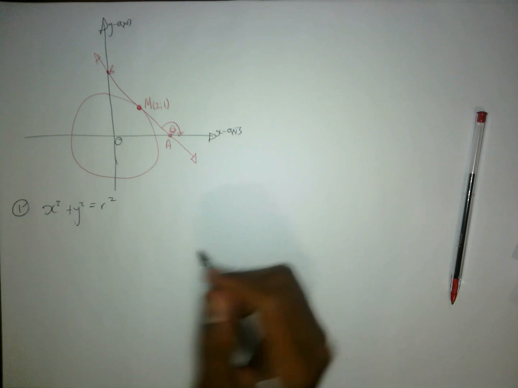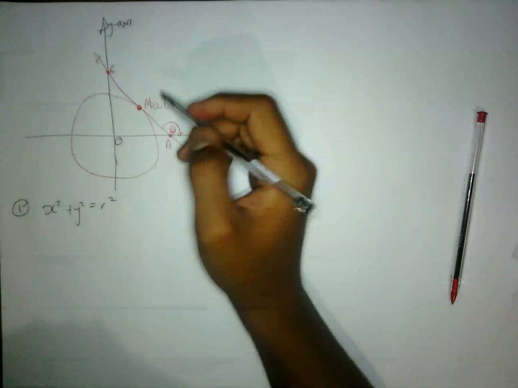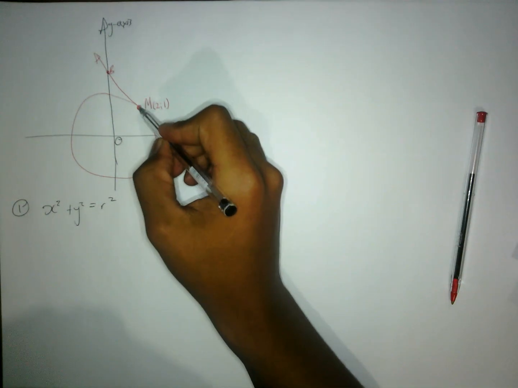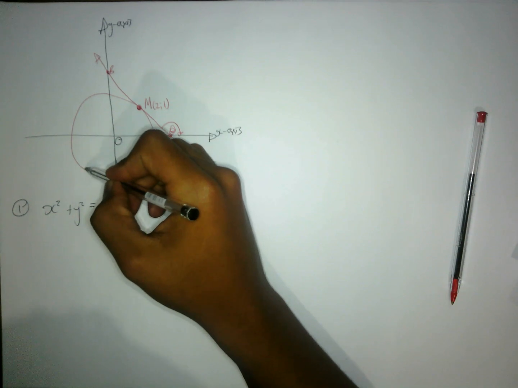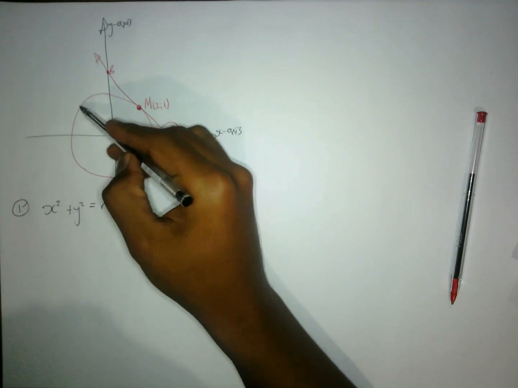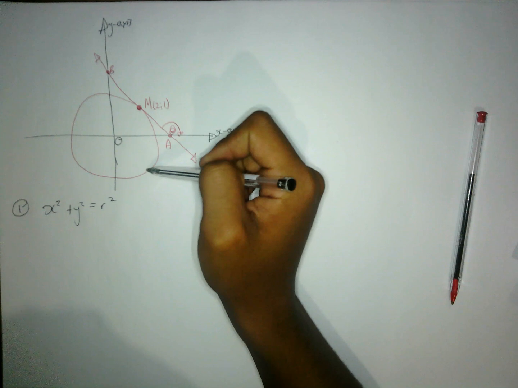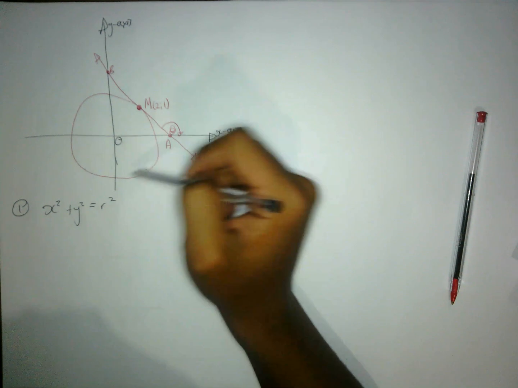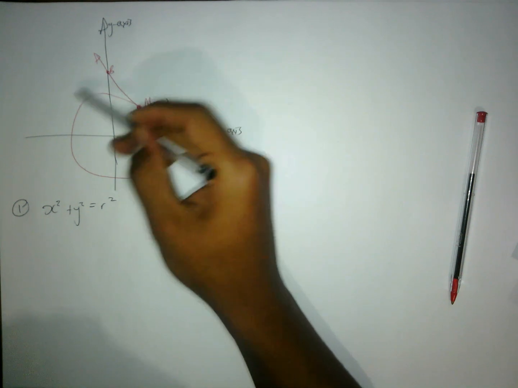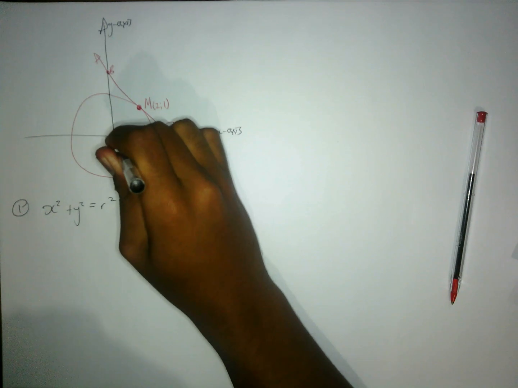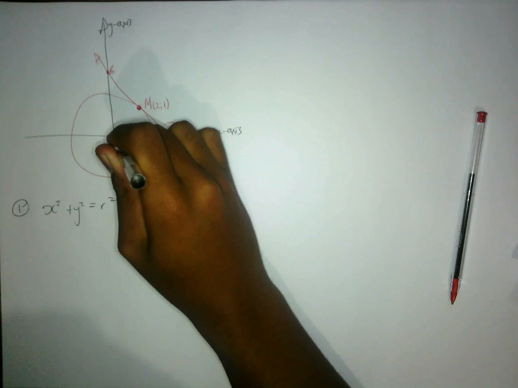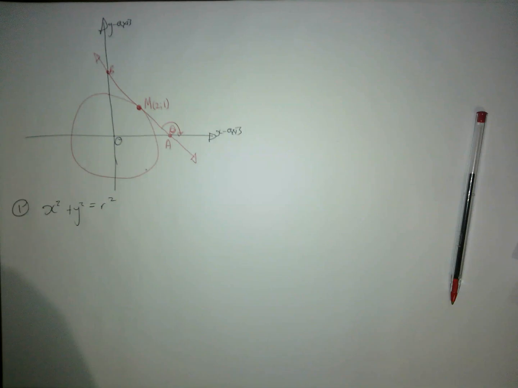So can we all agree that directly opposite this point on this side, it's going to be a 2 and a 1, a 2 and a 1 over here, because that's a perfect circle with its center at the very origin.